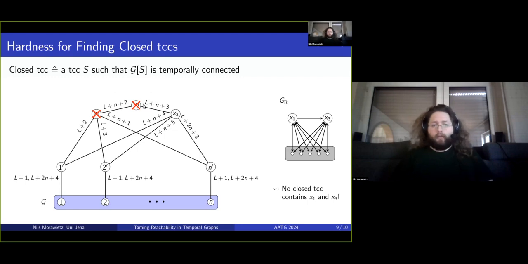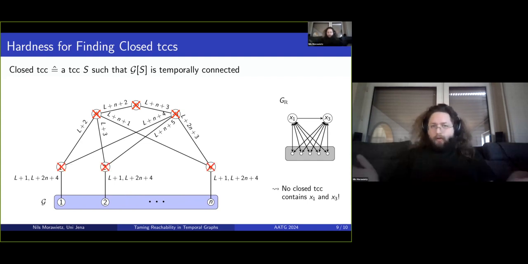And now if x1 and x2 are not in the closed component, then not sufficiently many vertices can reach vertex x3. So we also can't include this vertex, which then leaves us with our original instance and these antenna vertices. And then we can essentially show that not sufficiently many vertices can reach these antenna vertices.